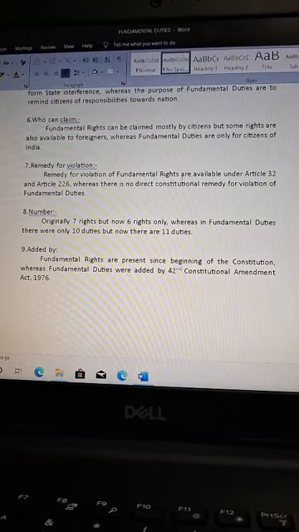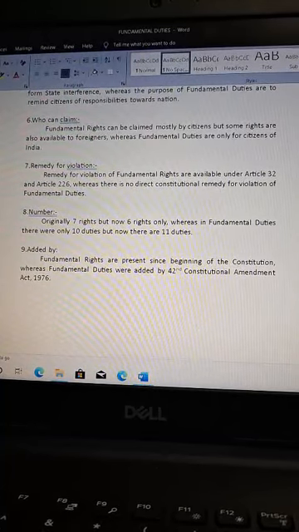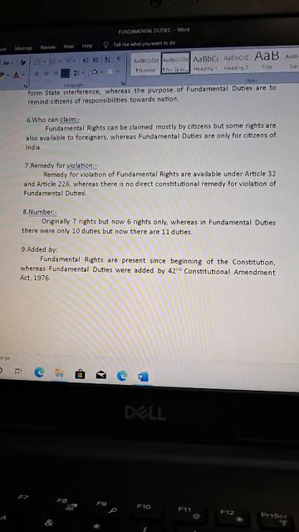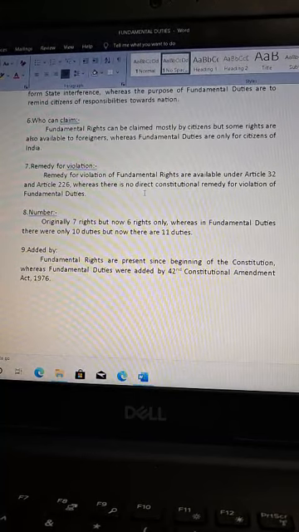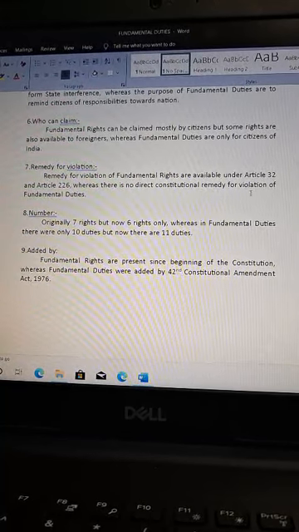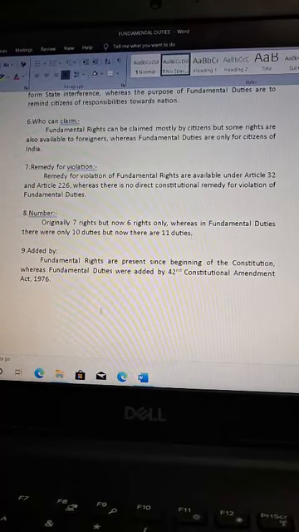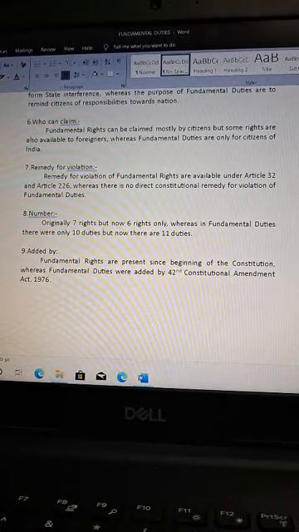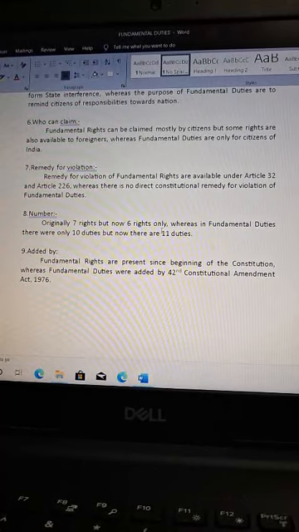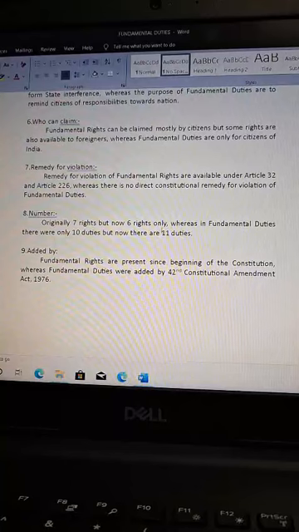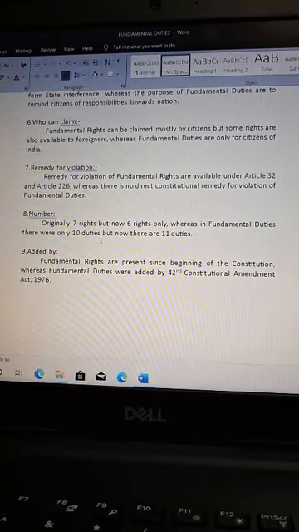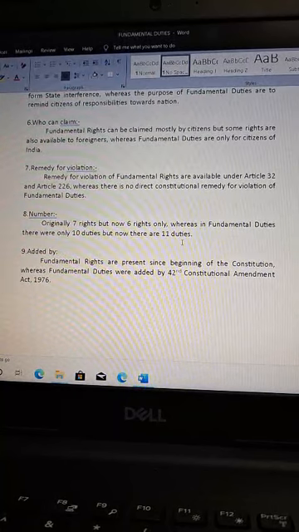whereas there is no direct constitutional remedy for violation of fundamental duties. Number 8. Originally 7 rights, but now only 6 rights are available. Whereas in fundamental duties, there were only 10 duties, but now there are 11 duties.